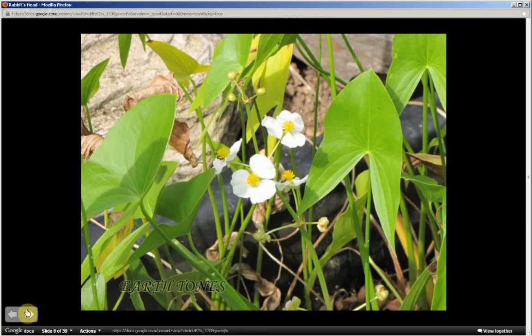Now, a distinguishing characteristic of this plant, which is important to note, is, remember earlier I was pointing out the prominent parallel veins? Well, on this plant, they should all originate from a single point. This is referred to as being palmate, like the palms, like the fingers from the palm of your hand.